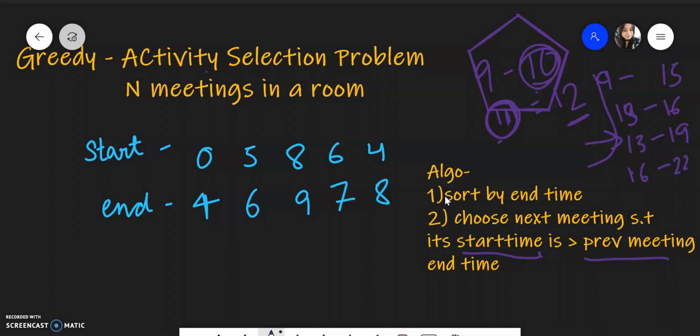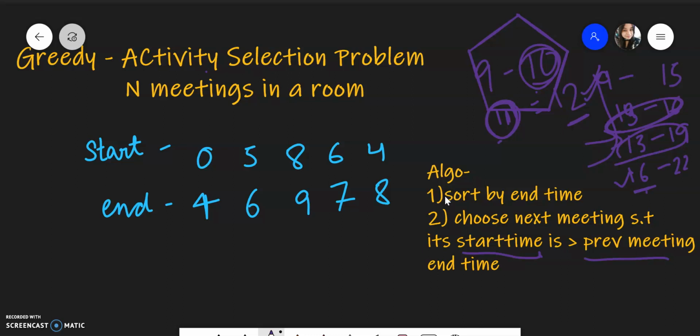These are sorted by end time, but you can see that two of these meetings overlap with the meeting that we have already planned. So you are finding the first valid meeting, such that its start time is greater than the previous meeting's end time. For example, you can see here that 16 is greater than 15. This is a very simple problem.